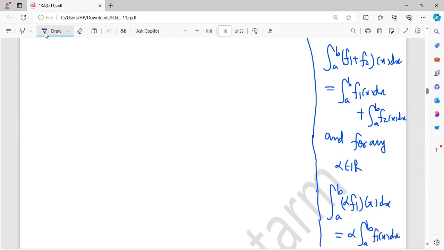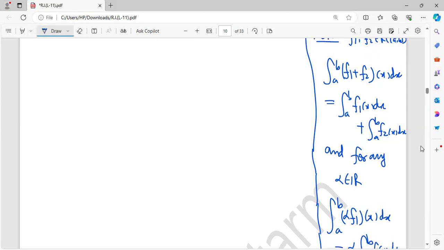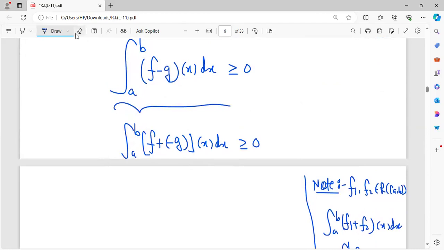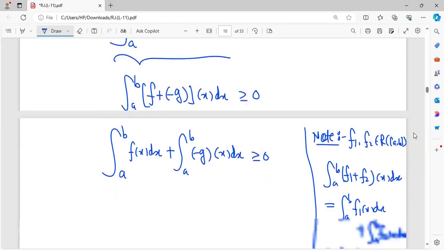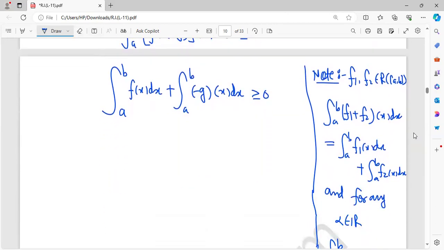This result we have proved already. Okay, so we'll apply these things here. So I can write the integral from a to b of f(x) dx plus the integral from a to b of minus g(x) dx is greater than or equal to 0. Now alpha is minus 1 here, so it will come out.